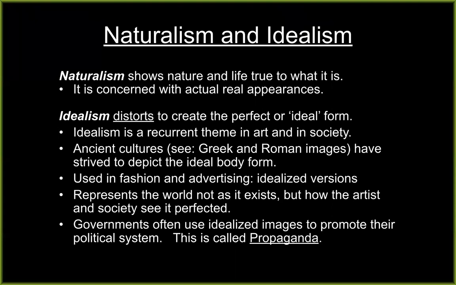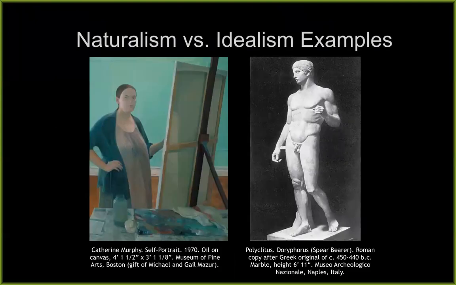We see it in advertising, idealized versions of the human form, and it represents the world not as it really exists, but how the artist and or how society sees it as perfected. And then governments often use very idealized images to promote their propaganda.